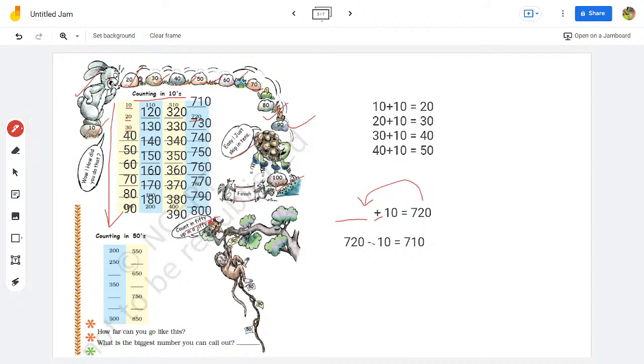Now count in 50 up in a jiffy. Okay. So let's see, this time we have to count in 50 the same way as we counted in tens in the previous question. So again, simple, we have to simply go on adding another 50 to our numbers every time.